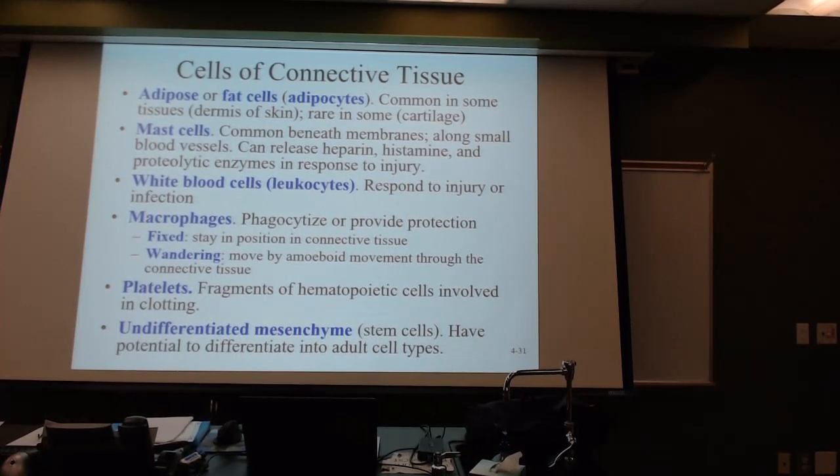It's common in some of the connective tissue, like the dermis of the skin. So if we go back to looking at our skin, this down here, okay? This is representing what would be considered like connective tissue.